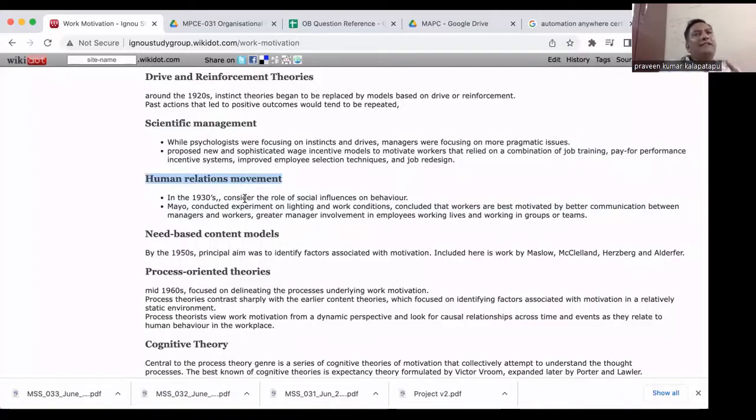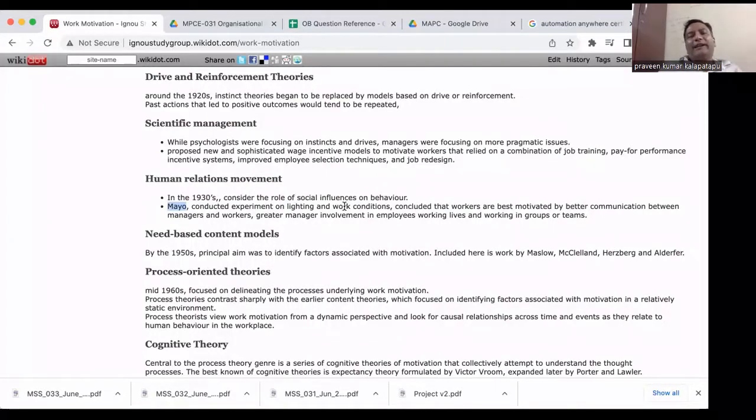it's not just the reward, it's not just the salary that you get, it is also the people whom you work with who will influence your behavior. It will motivate you. If you think that your leader or manager is good, you will have a better motivation towards work. There is an experiment conducted by Mayo to show that human relationship is good.